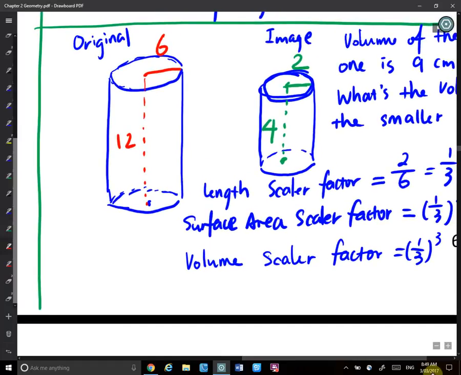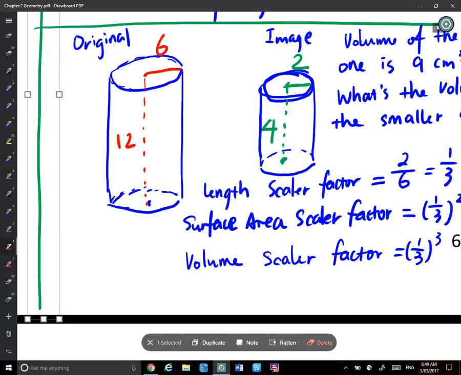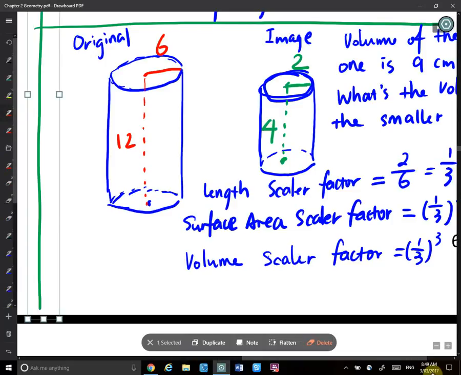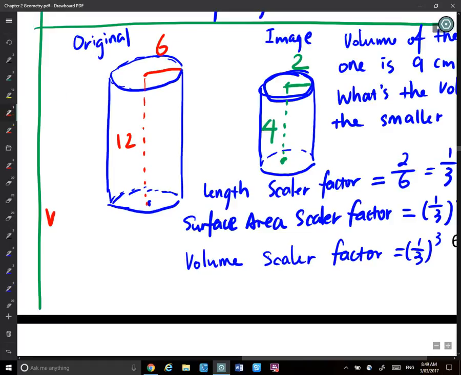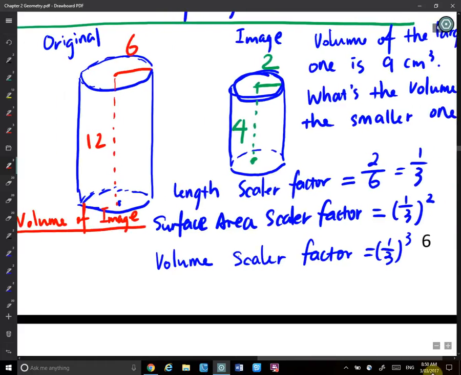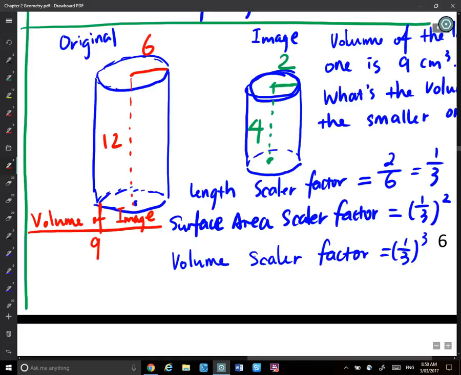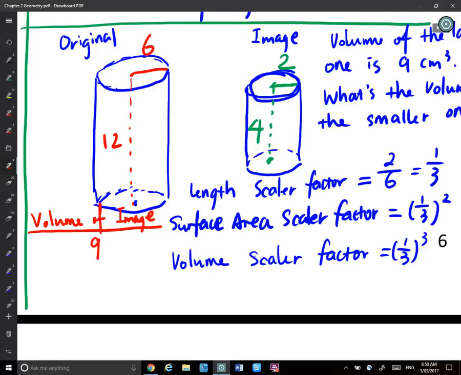So we will know that the volume of the image over the volume of the original, and the original one is 9.